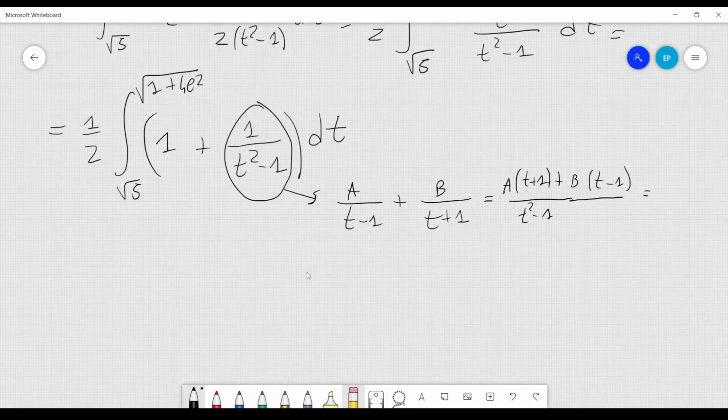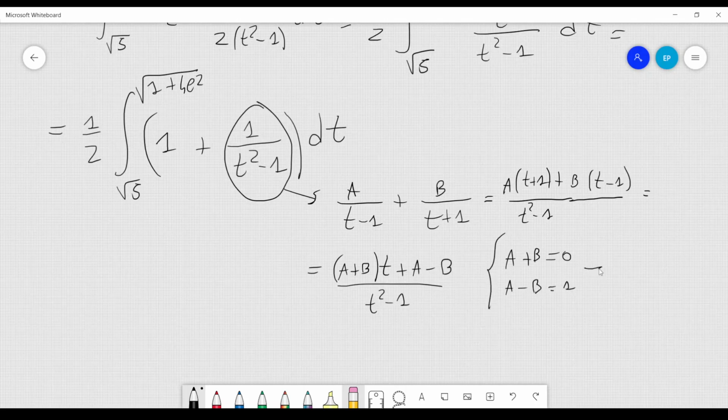And this is just equal to a plus b times t plus a minus b divided by t squared minus 1. And in order for this to be equal to that, we have to set a plus b equal to 0 and a minus b equal to 1. So from here, we find that a is equal to minus b, and therefore minus 2b is equal to 1. So b is equal to minus 1/2, and a is equal to 1/2.